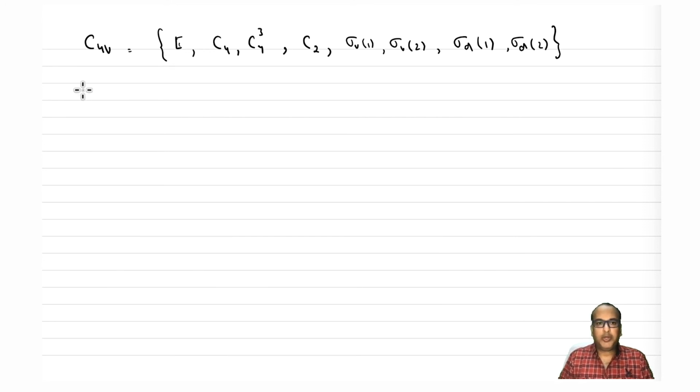To identify what are the elements which are forming a class, you have to take similarity transformation of each element using each element. So what do I mean?